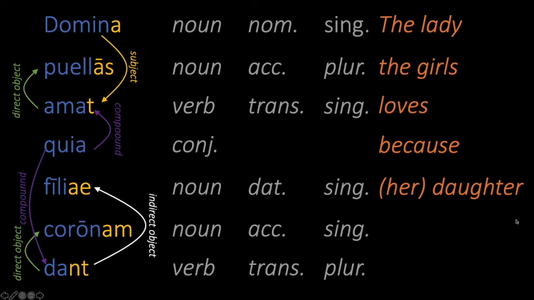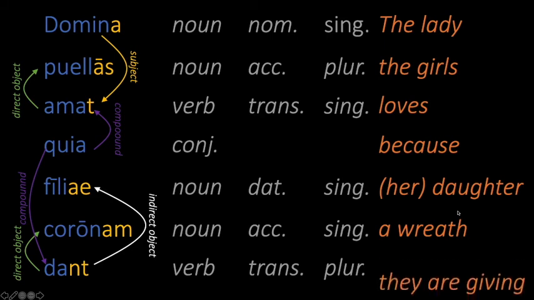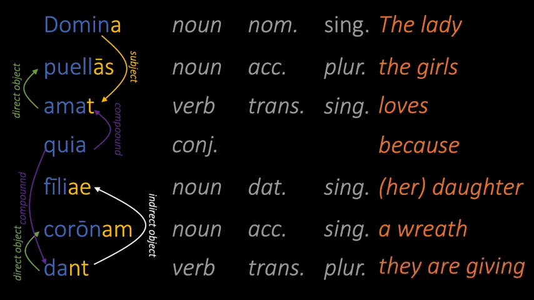Coronam we render as a wreath. There is no explicit subject in this part of the compound, and the verb is in the plural form, so we infer the third person plural pronoun, they, and translate dant as they are giving. After putting all of this together into English word order, we have the lady loves the girls because they are giving her daughter a wreath.